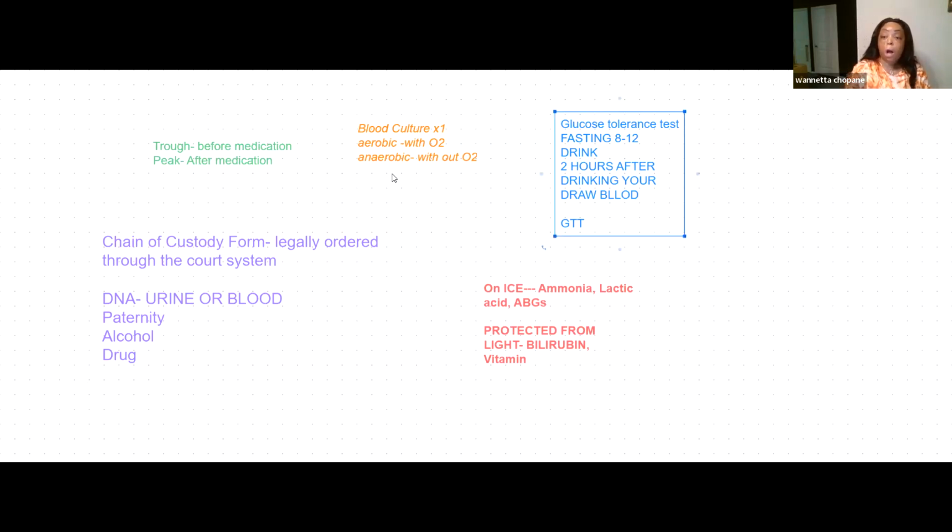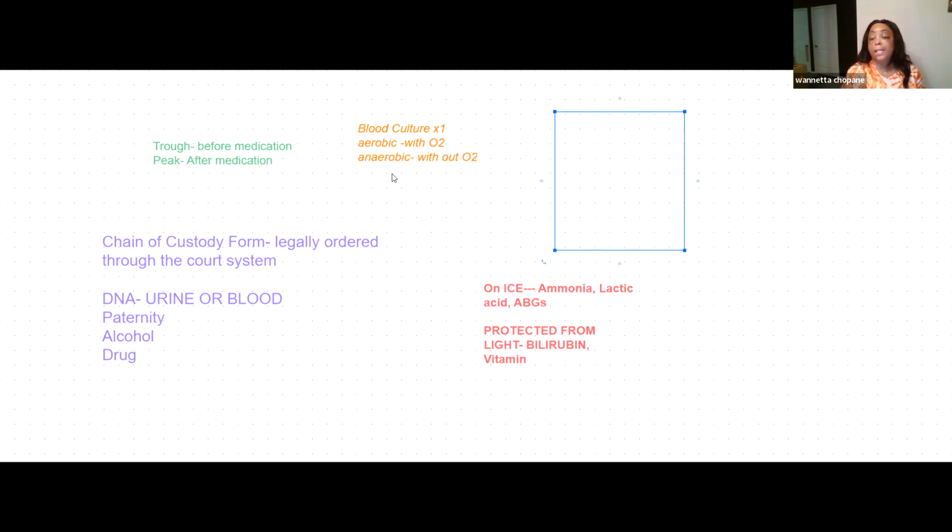And remember, when you see the initials capital GTT, that means glucose tolerance test. We need to be fasting 8 to 12 hours. They need to drink the glucose drink. We draw their blood 2 hours afterwards.